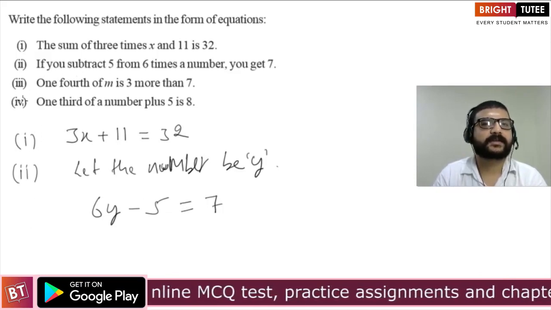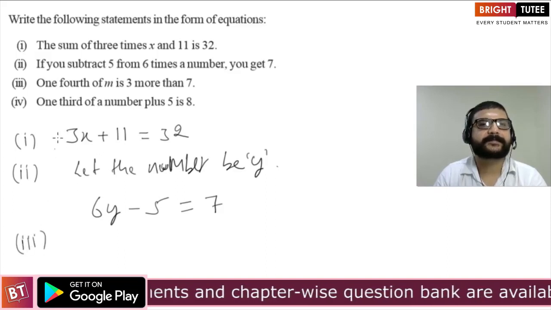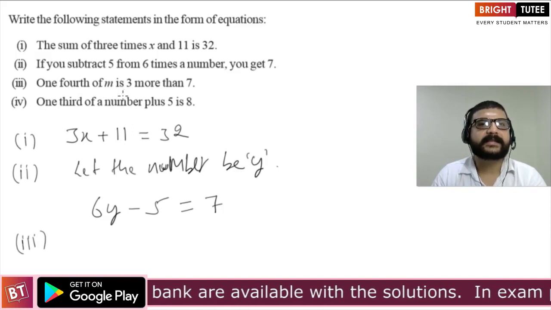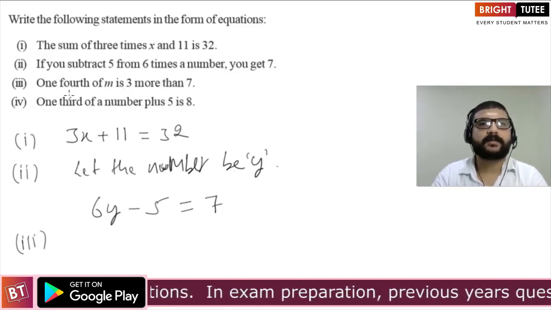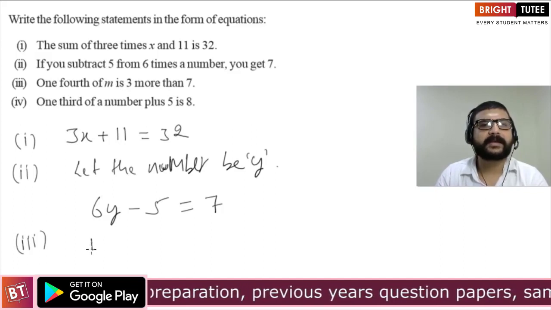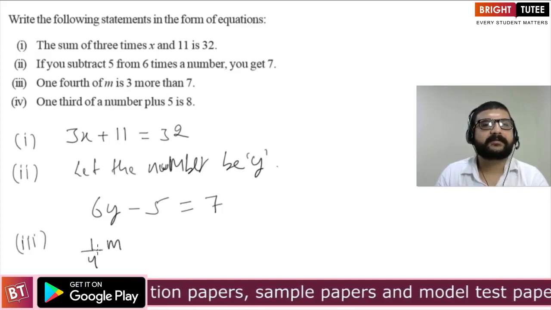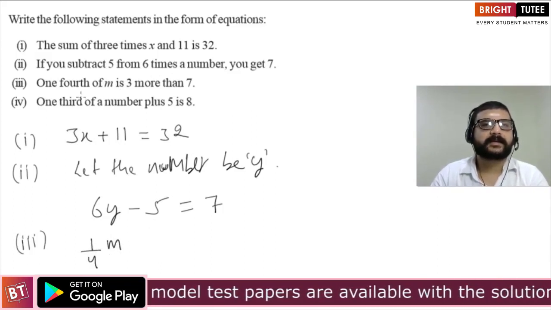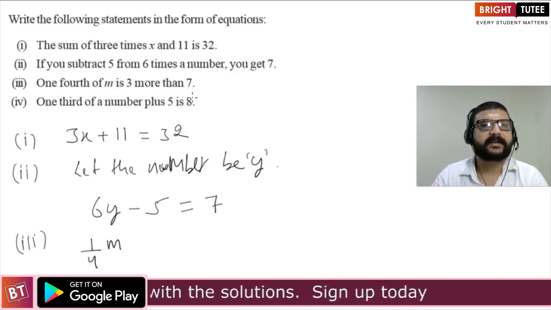Now let's go for the third statement. So the third statement here is 1/4 of m is 3 more than 7. Now 1/4 of m, it will be 1 upon 4 of m, which is 1 upon 4 m. 1/4 of m is 3 more than 7.